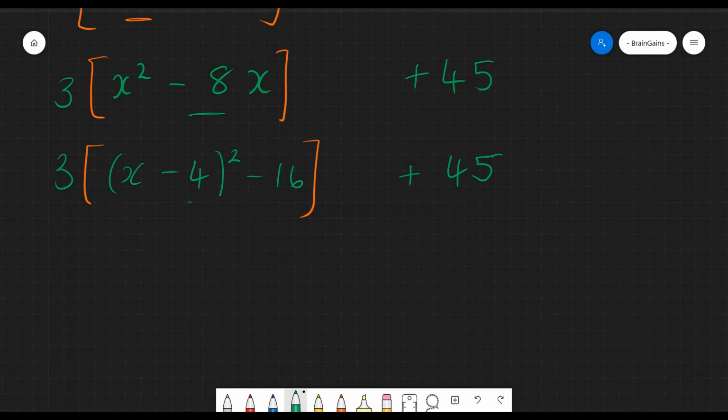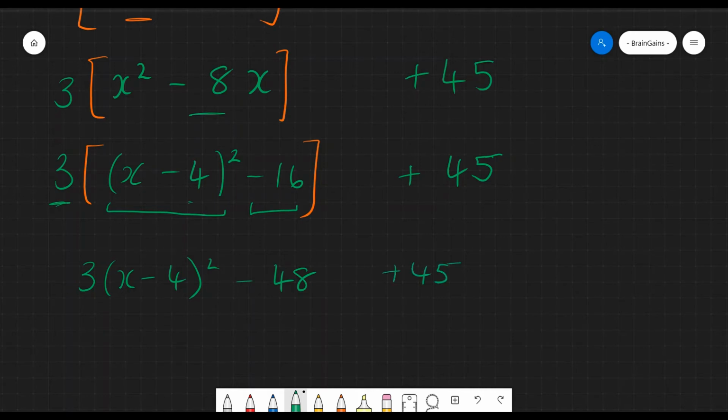Now you're almost done, and all you need to do is expand the square brackets. So to do this, your 3 needs to multiply by this term and this term. So we would get 3 times (x minus 4) all squared minus 48, and then plus 45.